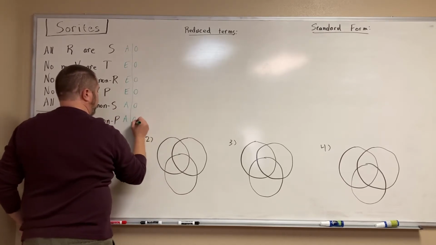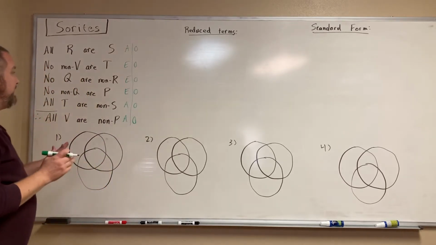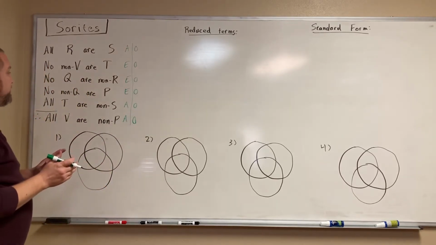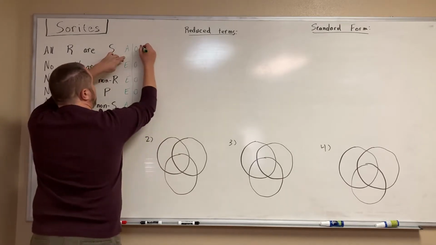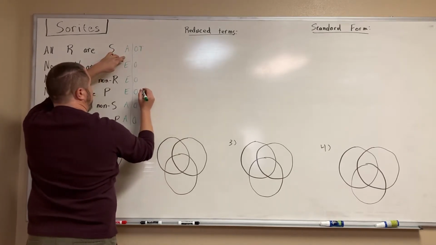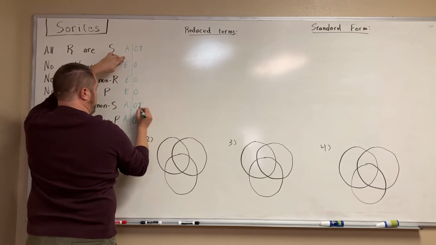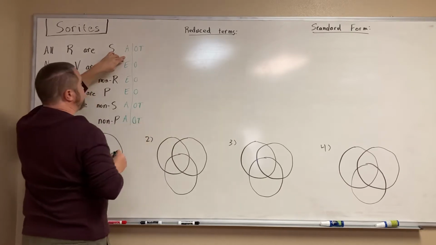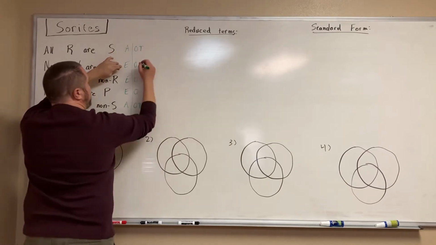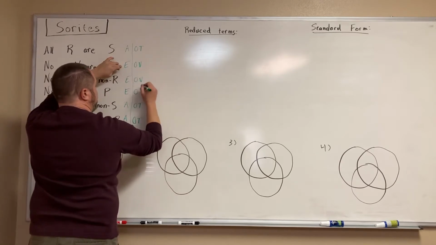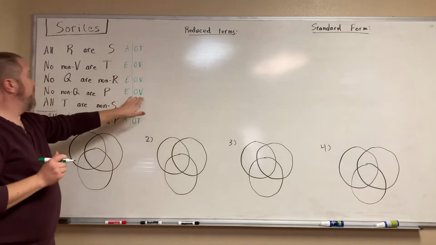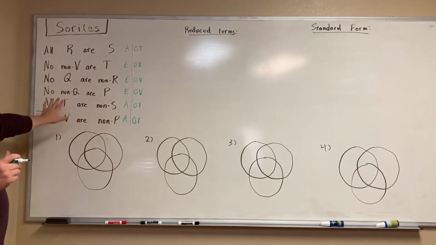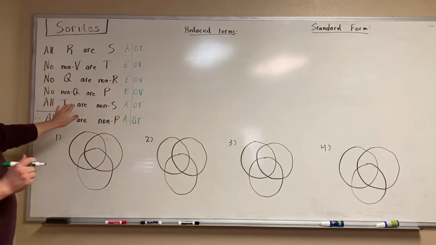Abbreviate that with O. And then you can either do contraposition or conversion for each of the statements. A statements, we can do contraposition, so I'll use a T for that. That's just kind of a reminder. E statements, we can use conversion, I'll use V.